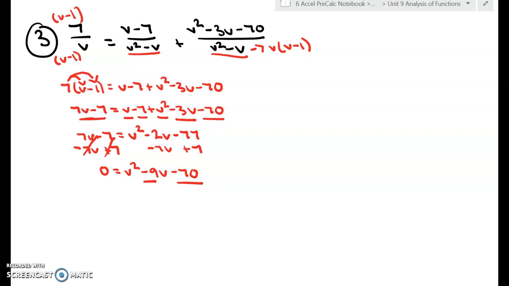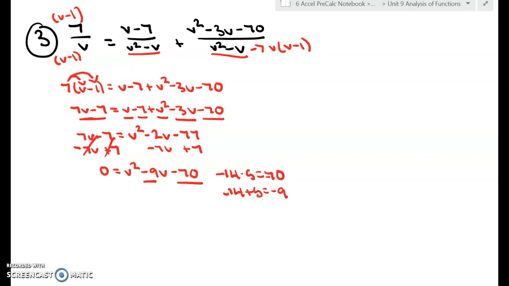Now you may not know this, but 14 times 5 actually equals 70, and we'll say a negative 14 plus 5 equals negative 9. So we know that a negative 14 and a 5 are going to fulfill all the requirements.